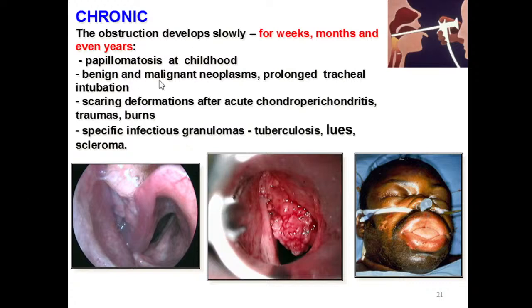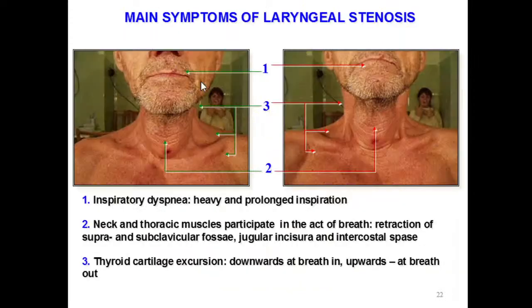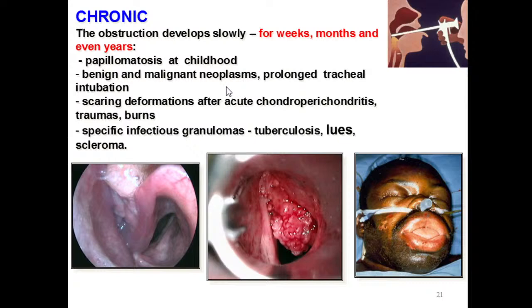So what else may be a reason for chronic laryngeal stenosis? It is, of course, benign and malignant neoplasm, and prolonged tracheal intubation. In countries with good screening, of course, malignant neoplasms are quite a rare indication for tracheostomy.